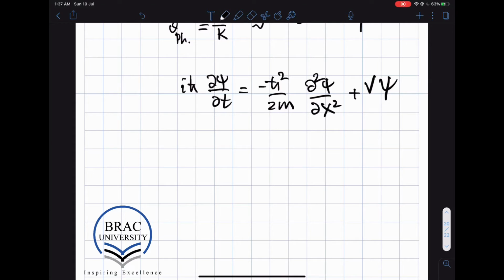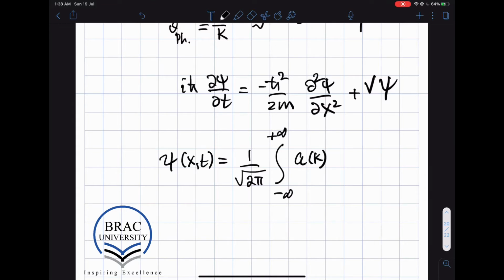And we express a general solution, which of course also depends on time, as a Fourier integral over different k modes. But now instead of just having kx, this will have a time dependence.